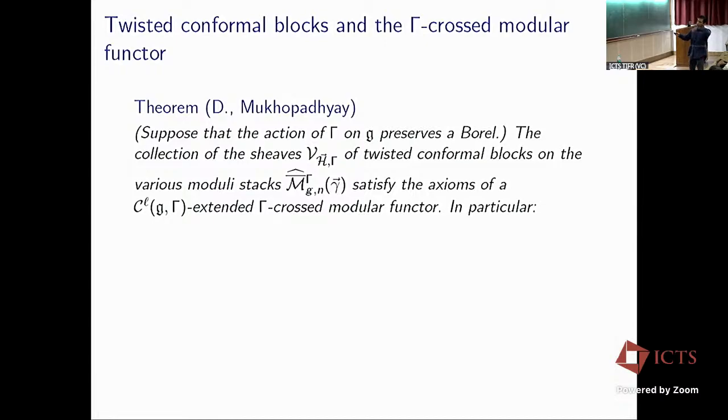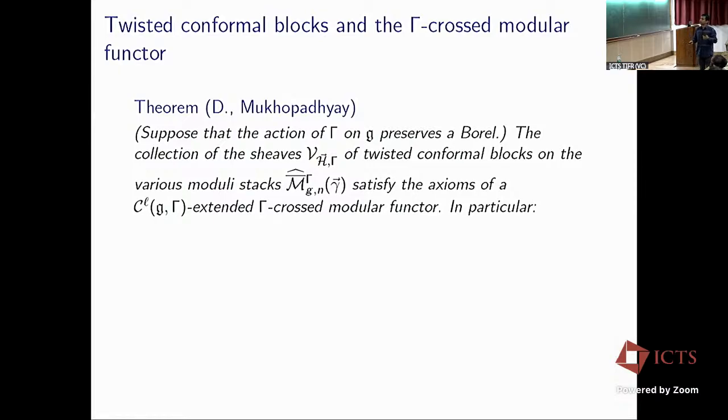So you have lots of these sheaves and lots of these moduli stacks, and they all satisfy certain compatibility conditions. These compatibility conditions are what we call the axioms of the gamma crossed modular functor. So a gamma crossed modular functor is basically a collection of sheaves on various moduli stacks, and they should satisfy these compatibility relations.